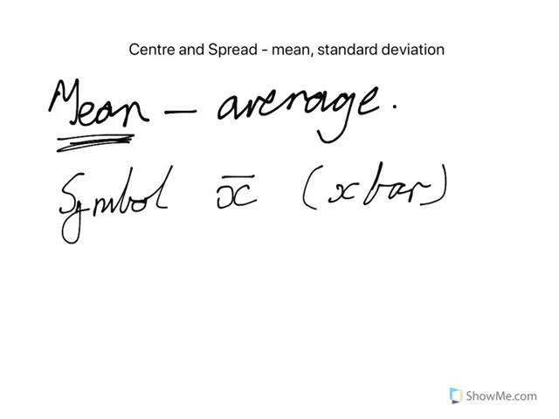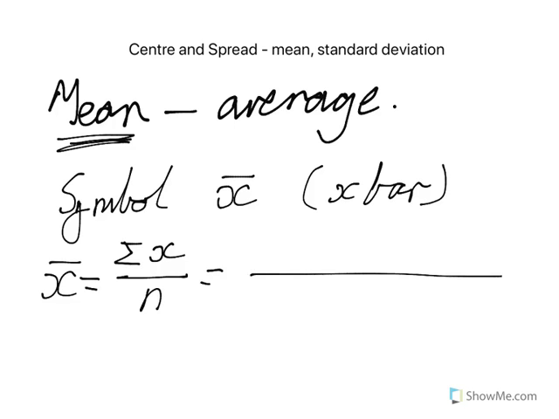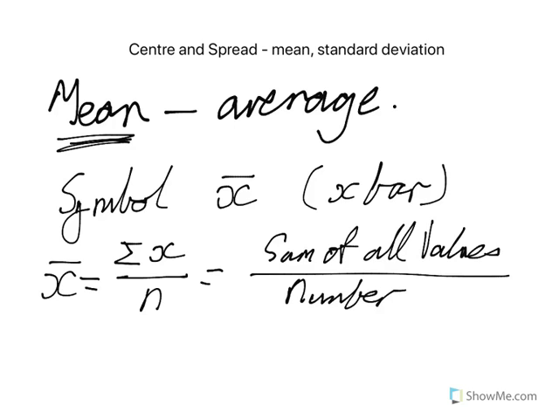To calculate x bar, as we know for the average, we add up all our numbers and divide by how many we've got: the sum of all values over the number of values. So that's the mean.